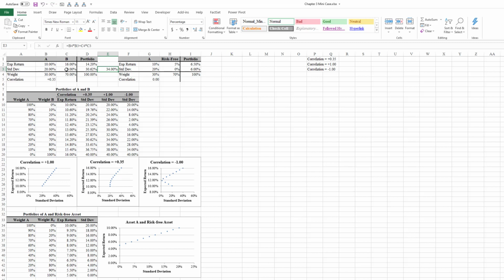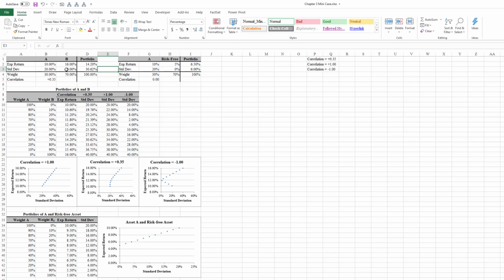Notice that we would get 34%. The actual standard deviation, the real one, is less than that. So we're getting a better risk-return trade-off with this portfolio than we would if we just ignored the correlation, which, again, don't do this. You're not allowed to do this, but this is kind of a benchmark. So we are, in fact, getting some risk reduction here.